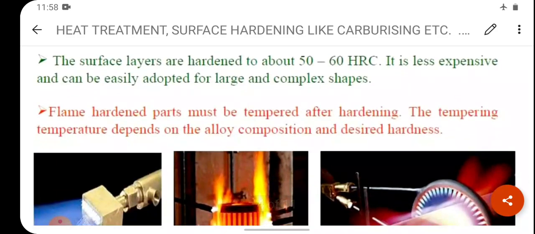The surface layer are hardened to about 50 to 60 HRC. Clear? It is less expensive and can be easily adopted for large and complex shape. बहुत बड़े पार्ट को हमको सरफेस को हार्ड करना है तो हम कौन सा प्रोसेस यूज़ करेंगे? फ्लेम हार्डनिंग प्रोसेस. बिकॉज फ्लेम कैन बी और कैन रीच एट एनी पॉइंट ऑन द लार्ज ऑब्जेक्ट एंड कॉम्प्लेक्स शेप में भी क्या होगा? हीट हम दे सकते हैं विद द हेल्प ऑफ फ्लेम torch or oxyacetylene torch.